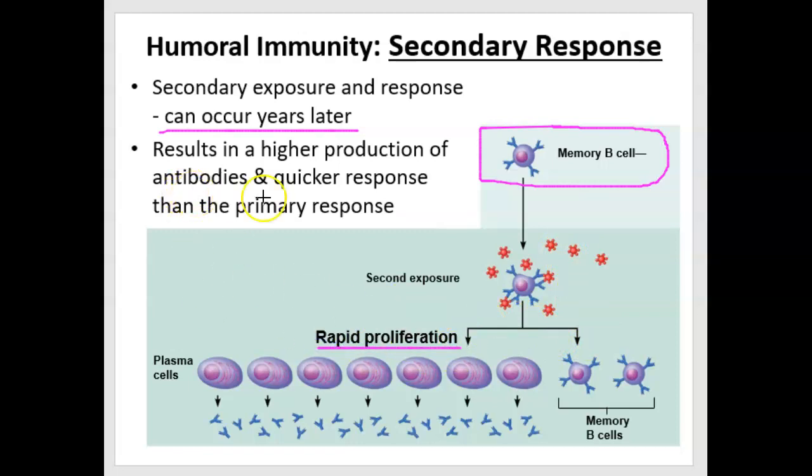Evidently, it's even faster cell division than occurs during the primary response. And the plasma cells that are made make tons more antibodies. So not only do you get more plasma cells, but each plasma cell makes more antibodies. And again, you're going to get more memory cells. That part won't go away.